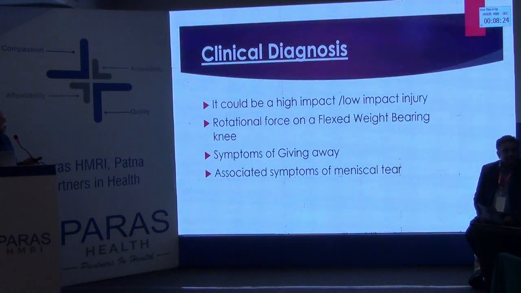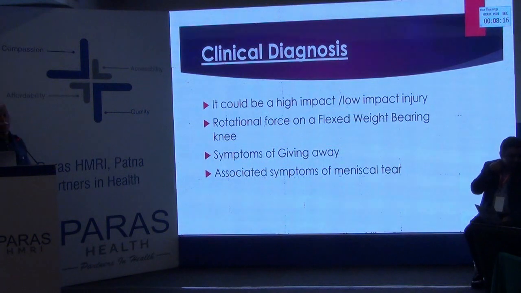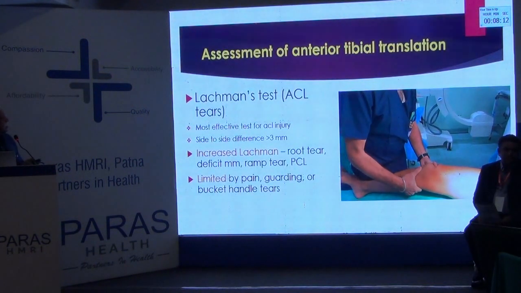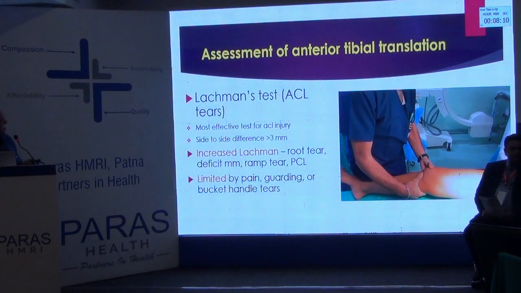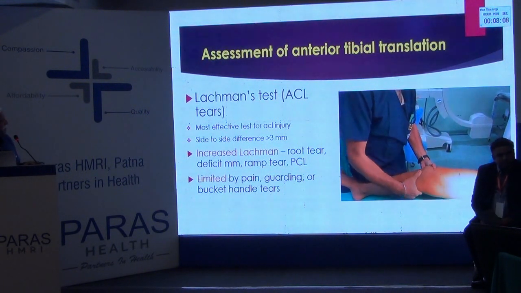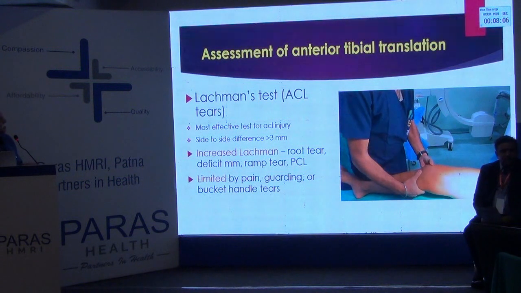Clinical diagnosis: it could be a high impact injury in road traffic accidents, or a low impact injury during various sports trauma. Basically it's a rotational force on a flexed weight-bearing knee, and the symptoms are usually giving way and associated symptoms of meniscus tear or associated ligament injuries. Clinical testing is very important, and the Lachman test is the most effective test that we commonly use.